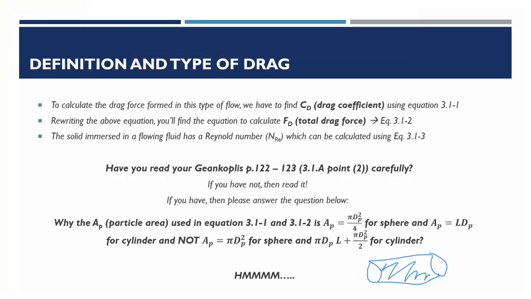And then for these two circles, it should be 2 times pi times dp squared per 4, right? But why do they use L times dp? The answer is in the next slide.